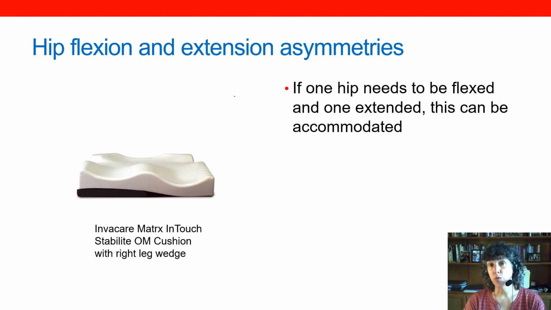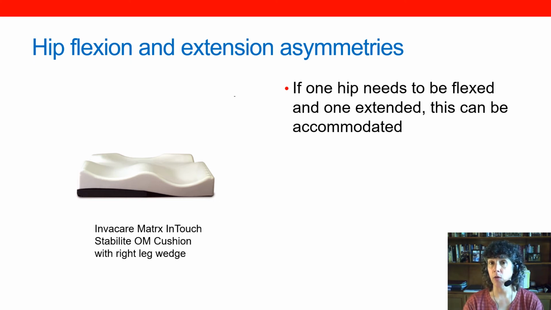Now, sometimes we'll be working with a client who has more flexion available on one hip than the other hip. In this case, we often want to place that one hip in a good deal of flexion, maybe 90 or 95 degrees seat to back angle, in order to keep the pelvis in a more upright position, to keep the client from sliding forward.